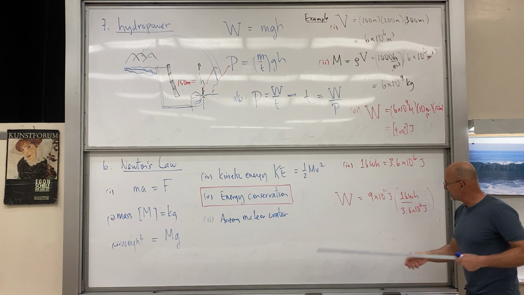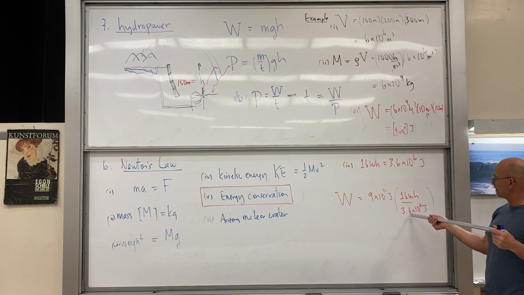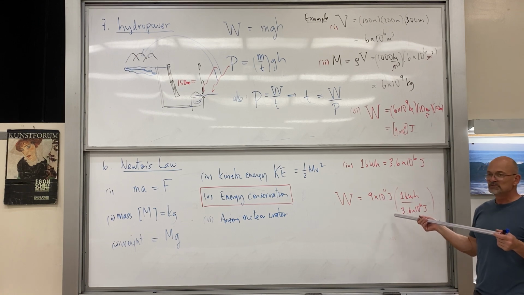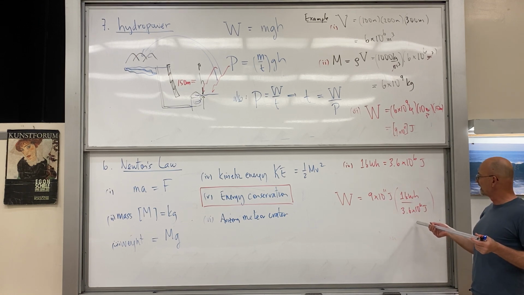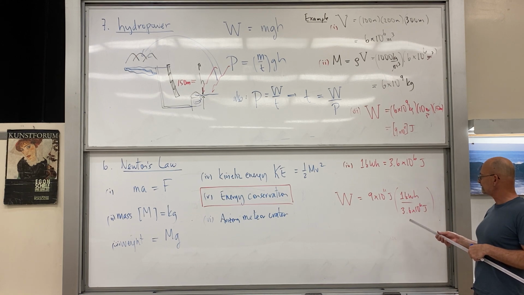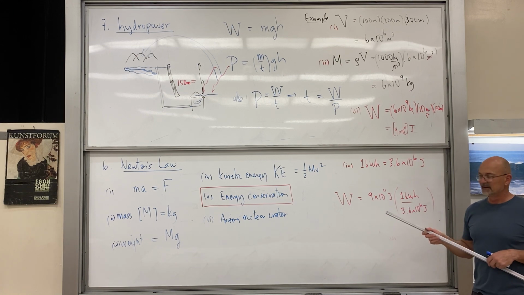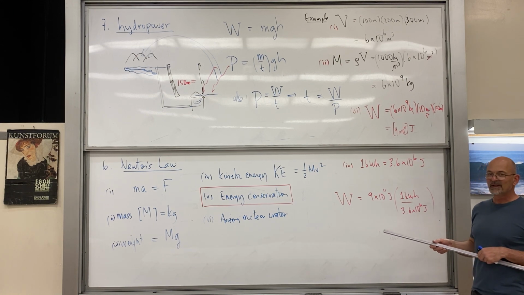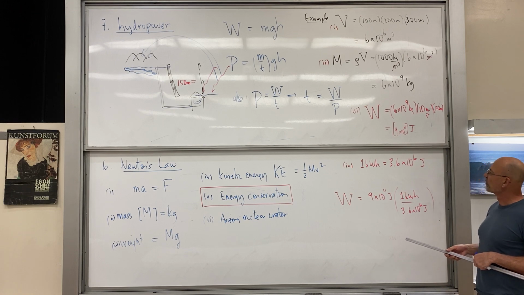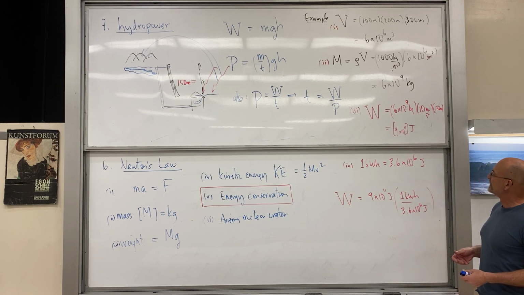And I'm just gonna wing it here, I'm not gonna write it down. 9 over 3.6, that's just over 2. More than 2, less than 3. And 10 to the 11 divided by 10 to the 6, 10 to the 5. Okay, so you've got several 100,000 kilowatt hours. Good.